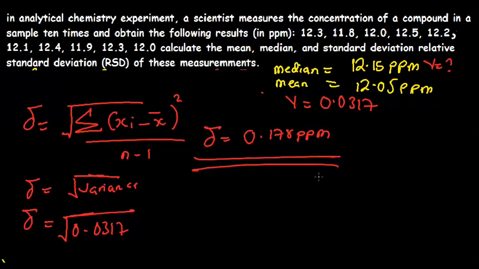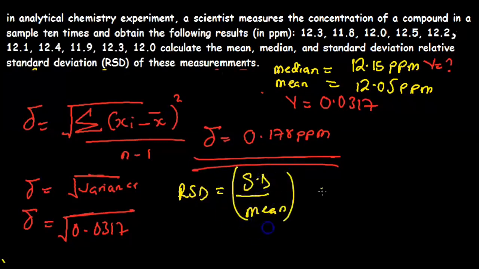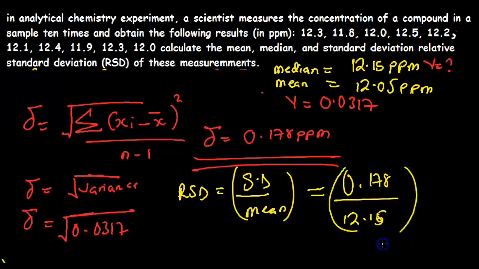The last thing we are left with is the relative standard deviation, which is RSD. For you to calculate your relative standard deviation, you are going to divide your standard deviation by your mean value. In this case, your standard deviation is 0.178 divided by our mean, which is... sorry, that is median. Mean is 12.05.